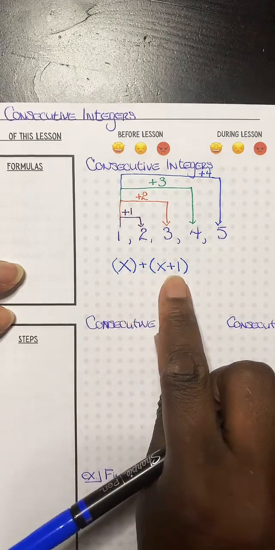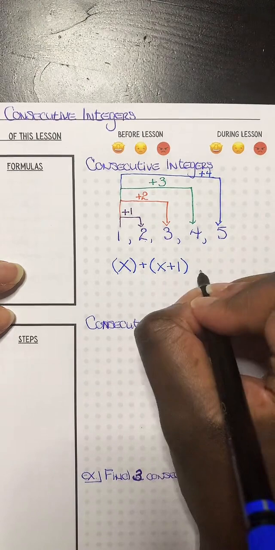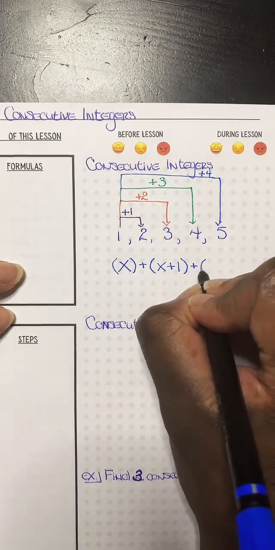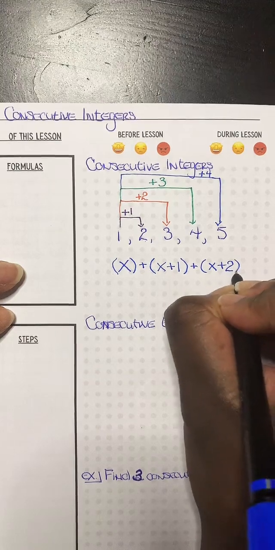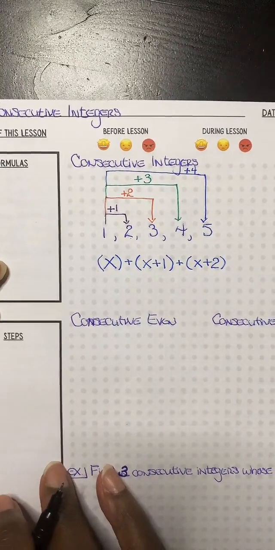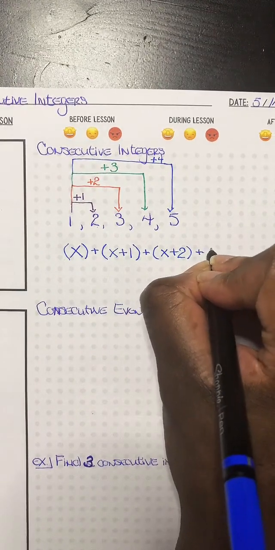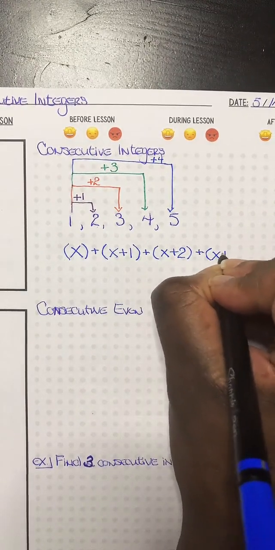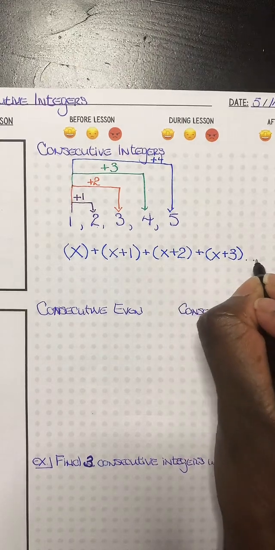That gets me to the next consecutive integer. Then I would have to go x plus 2. Do we see what the pattern is? Then if I want to go to the next one, it will be x plus 3. So the x is representing where I want to start.